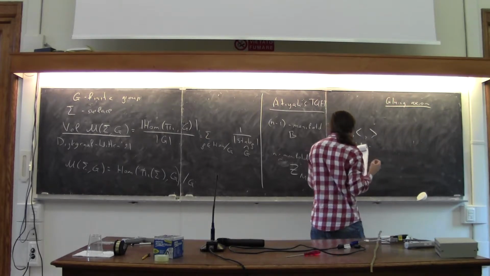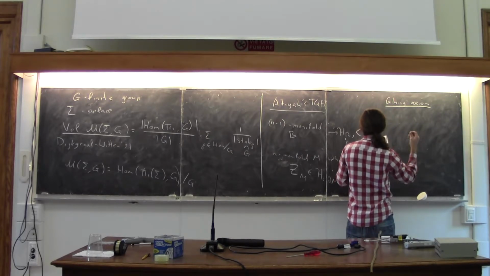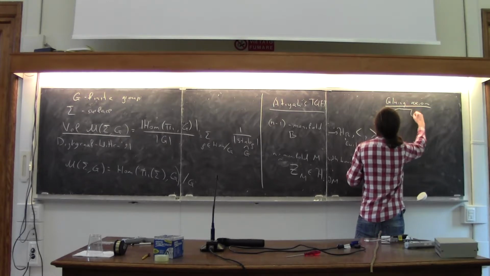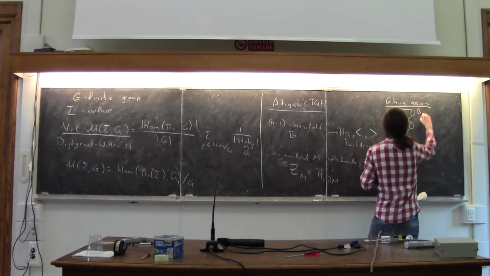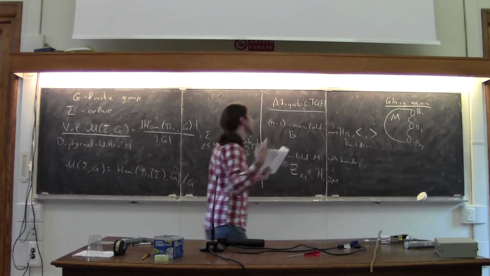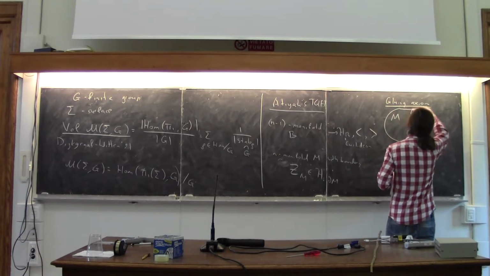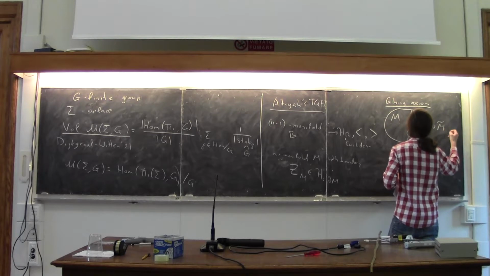tells you that if you have a manifold M with a boundary which is split into 3 pieces, call them B1, B2, and B3, where B1 and B2 are diffeomorphic, I can glue them to form a new manifold M2 by identifying B1 with B2.